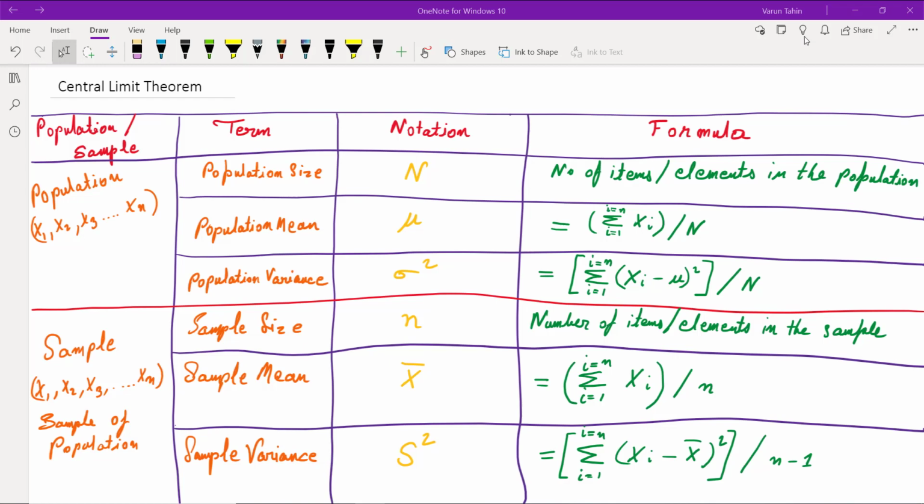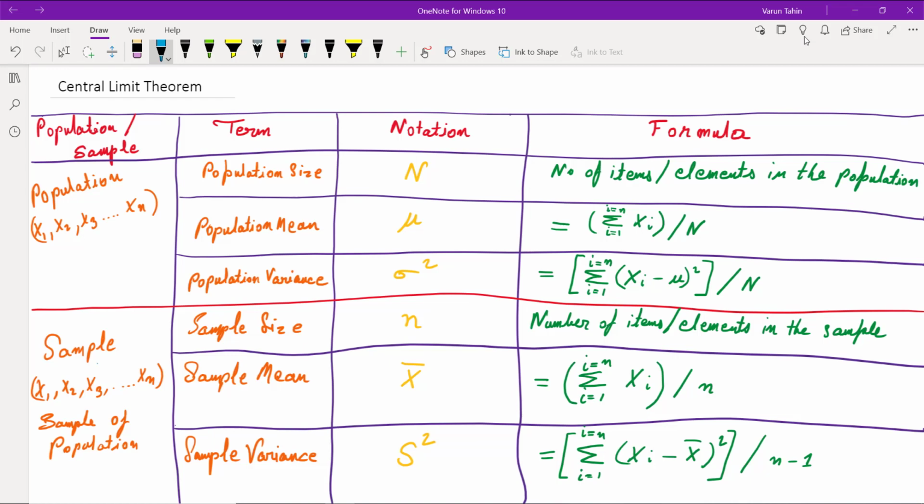Now we have to understand some of the terminologies mentioned here before we reach central limit theorem. So this table is separated into two parts. The first part is the formulas pertaining to population and the second is pertaining to samples. From now onwards, we will regard the population size as N, which we already know is the number of items or elements in the population.